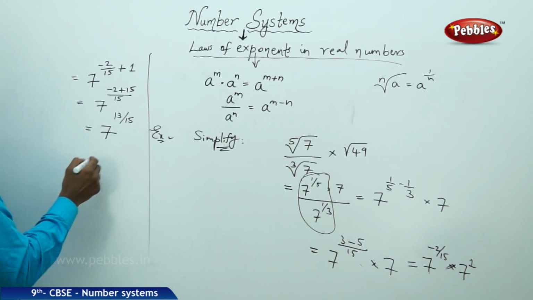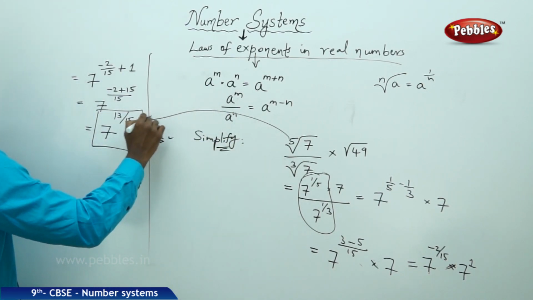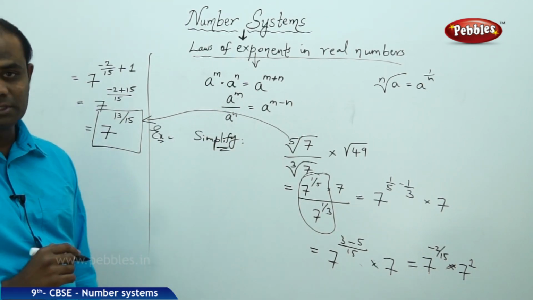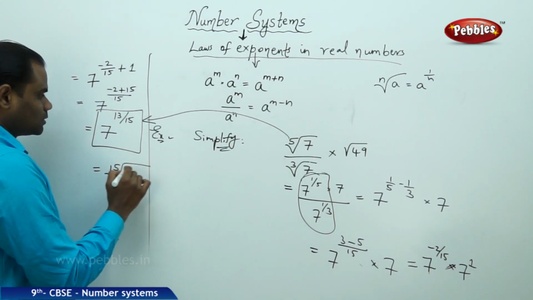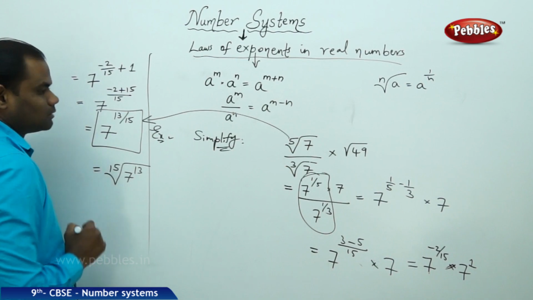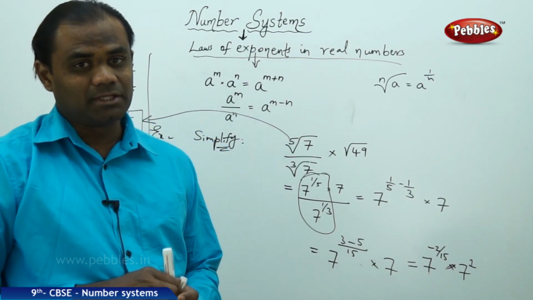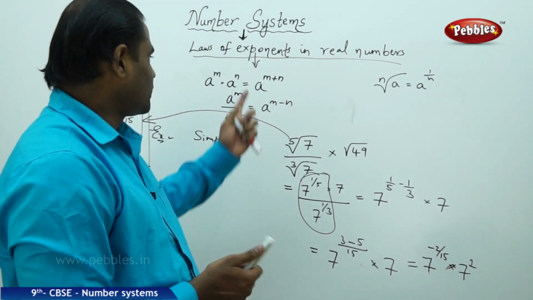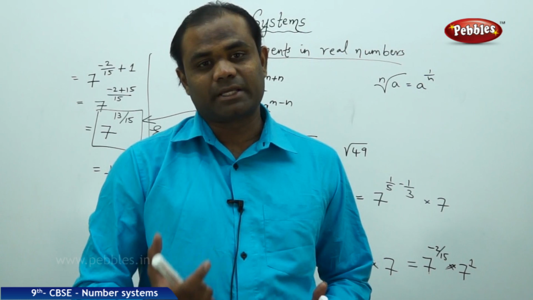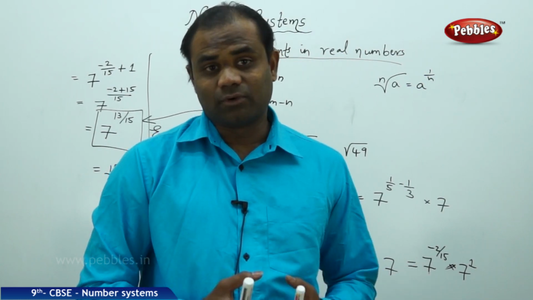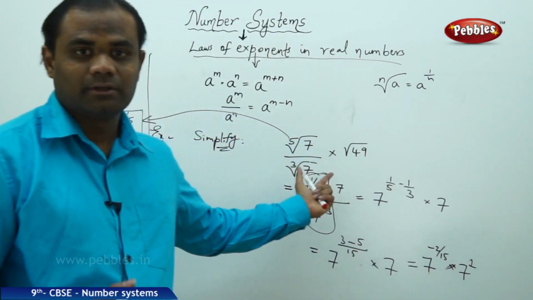And therefore my complete simplified process of this problem is 7 power 13 by 15, or this can also be written as 15th root of 7 power 13. So simplifying the given problem is based on the laws of exponents if the problem gives the real numbers expressed in exponent form. Laws of exponents connected with real numbers.